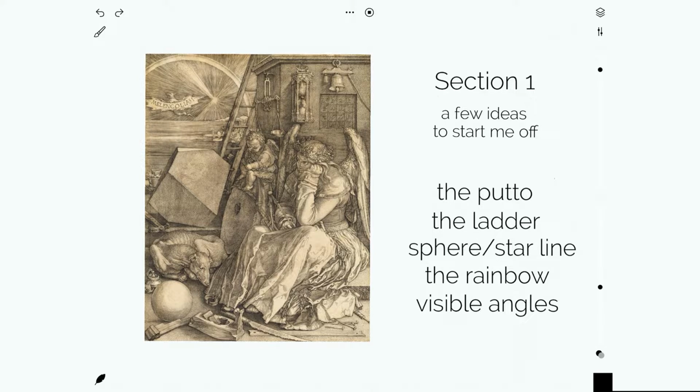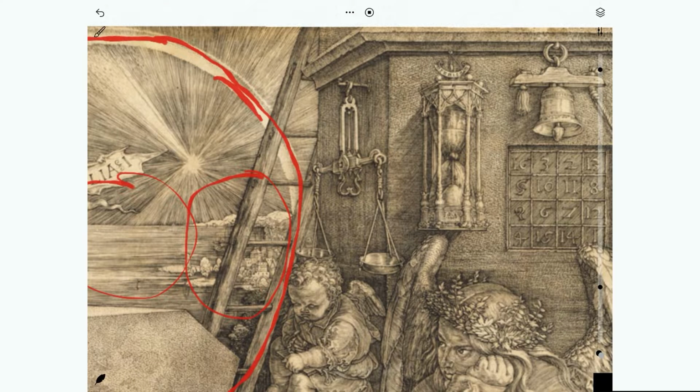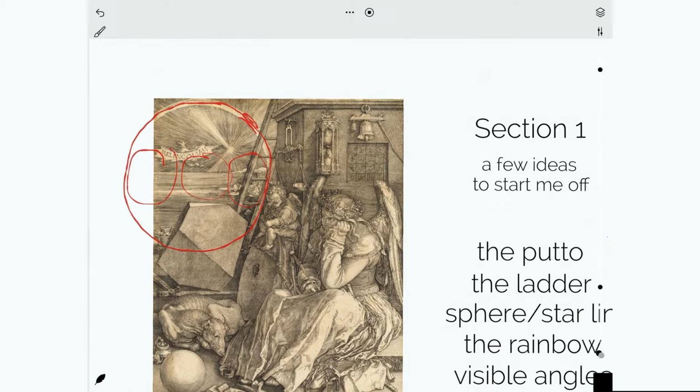I looked at the rainbow and I wondered what would happen if I drew a complete circle, and I really had the impression that the spheres would somehow fit into that, and there were a few different lines to work to. So I was really quite interested in seeing what happened with that.